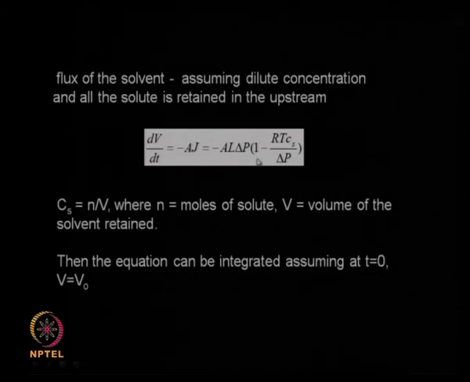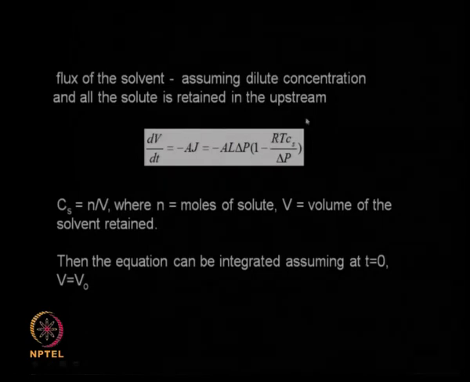So, J is given by L into delta P minus the osmotic pressure value here, assuming S is equal to 1. We will look at this osmotic pressure later, how to define osmotic pressure in terms of concentration based on Van 't Hoff's relation. We will talk about that later, but for the time being we will assume this.